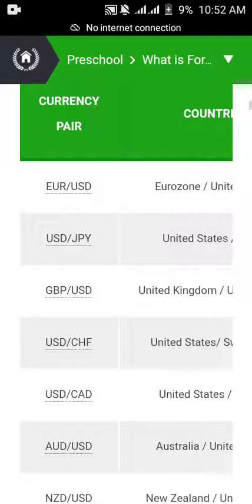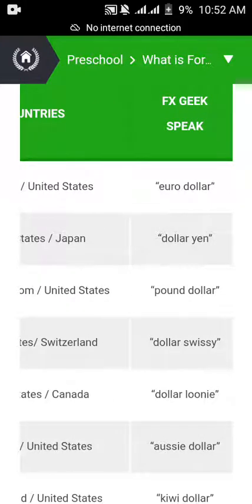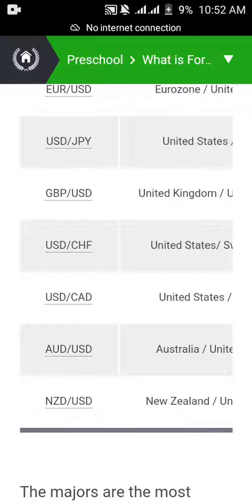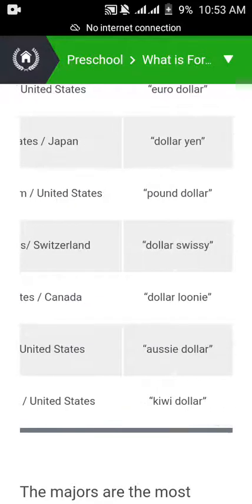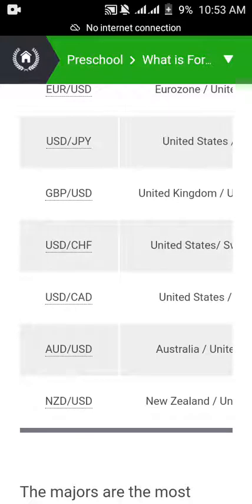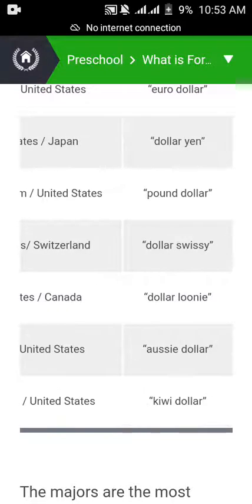For the Great British pound/USD we have United Kingdom/United States as countries, while the lingo is pound dollar. Then for the USD/Swiss franc we have United States and Switzerland, and the lingo is dollar Swissy. Then for the US dollar/Canadian dollar we have United States/Canada, and the lingo is dollar loonie.